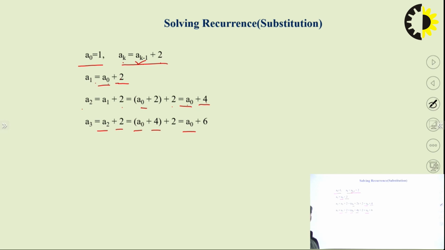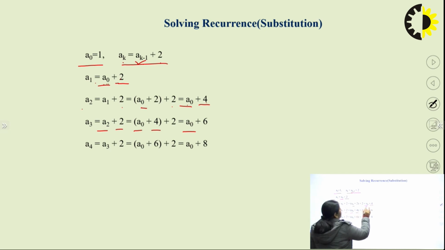So, this way we will substitute the values. A1 is A0 plus 2, and A0 is given as 1. What is A2? A2 is A0 plus 4. What is A3? A3 is A0 plus 6. What is A4? A4 is A0 plus 8.